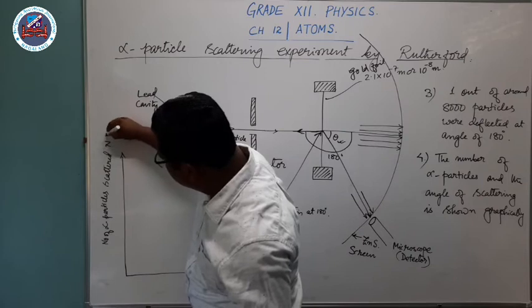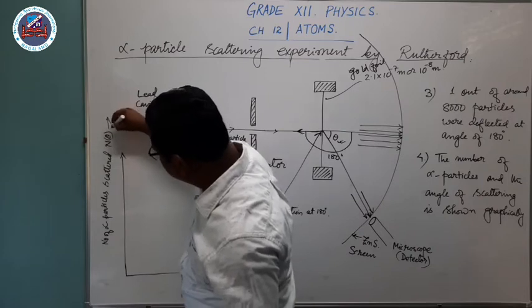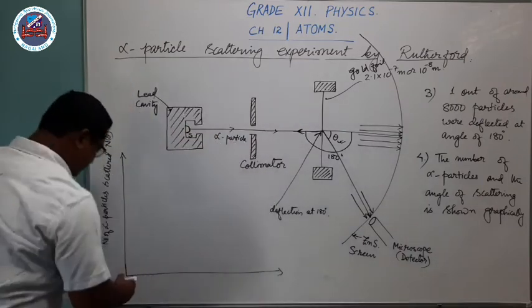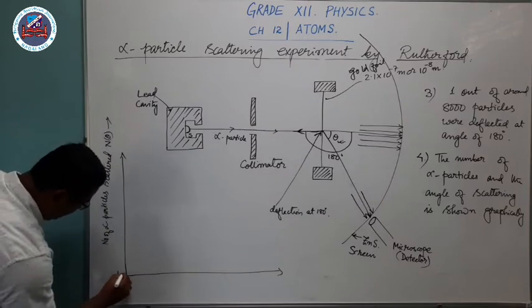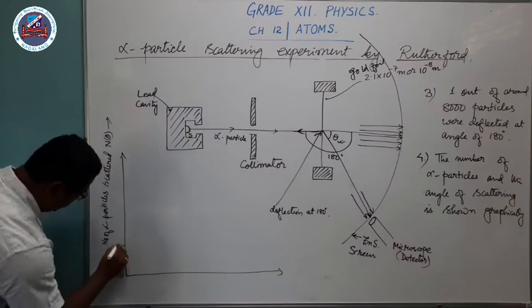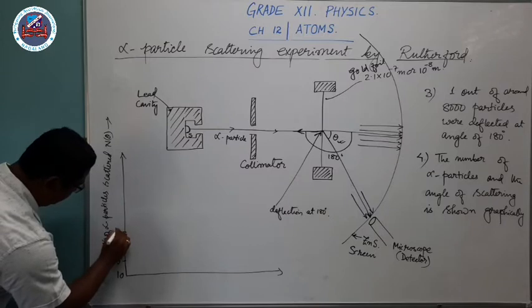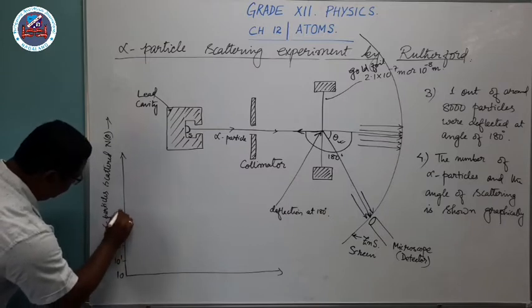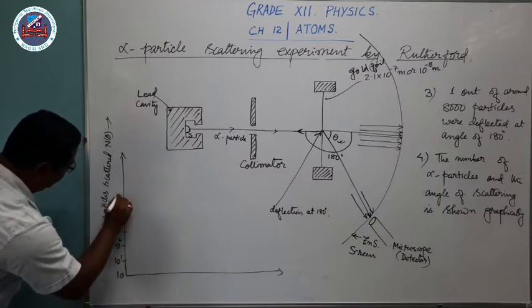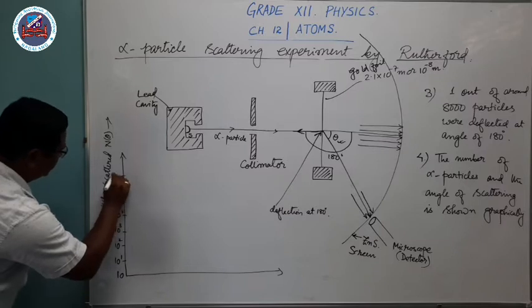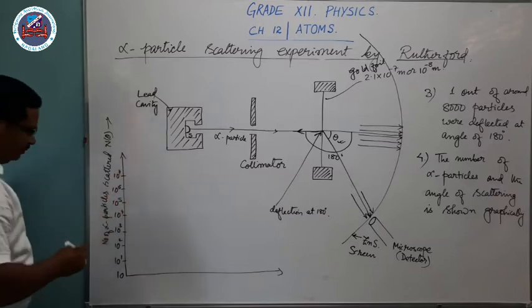If I write this as n theta, and suppose 10, 10 power 1, 10 power 2, 10 power 3, 10 power 4, 10 power 5, 10 power 6, 10 power 7 and so on.